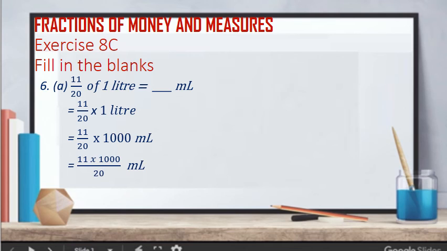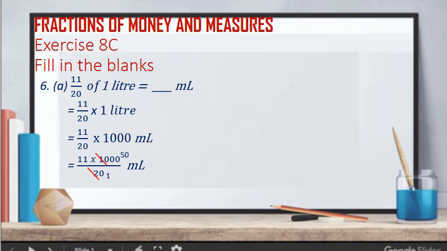which is equal to 11 multiplied by 1000 upon 20. Now children, 1000 in the numerator and 20 in the denominator can be divided by a common number 20. So 1000 divided by 20 gives 50 and 20 divided by 20 gives 1. So now what do we have? We have 11 multiplied by 50 upon 1.